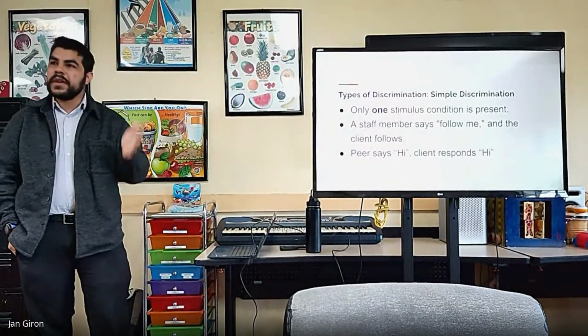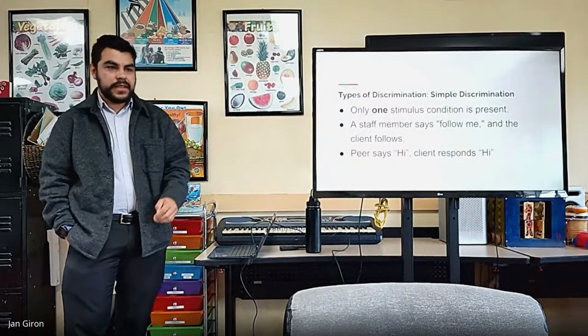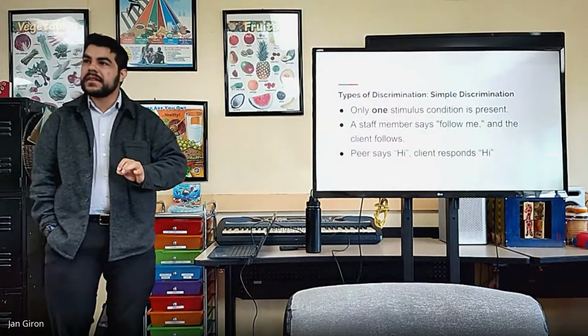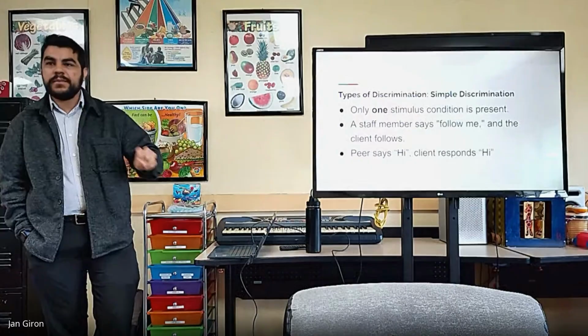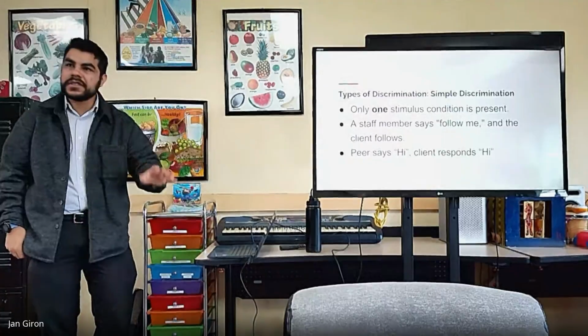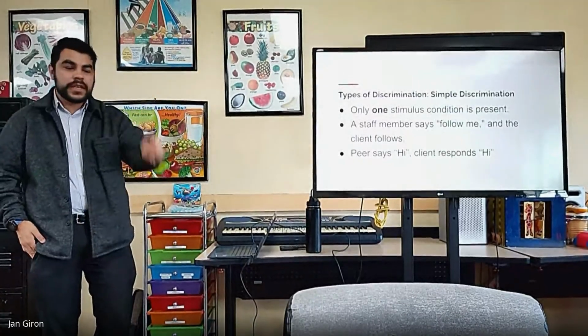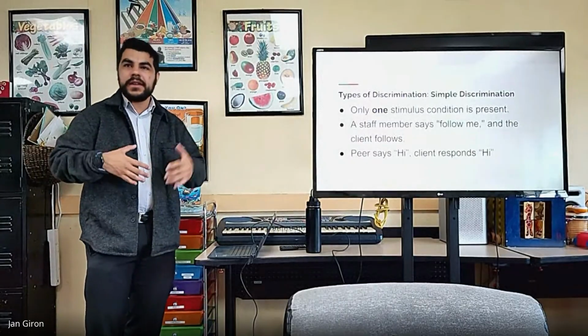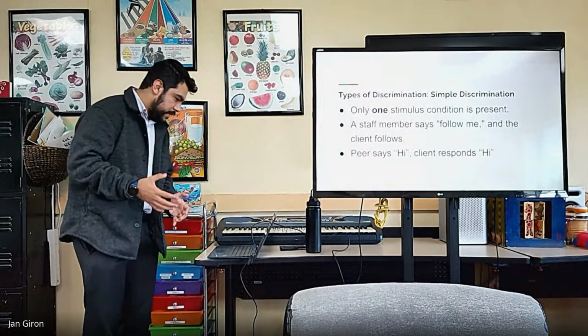Or a peer greeting another client, them saying hi. That one interaction tells them that they can respond, that's an SD, boom, they can say hi back. So with simple discrimination, there is only one stimulus condition present, or one thing telling them that reinforcement is available.